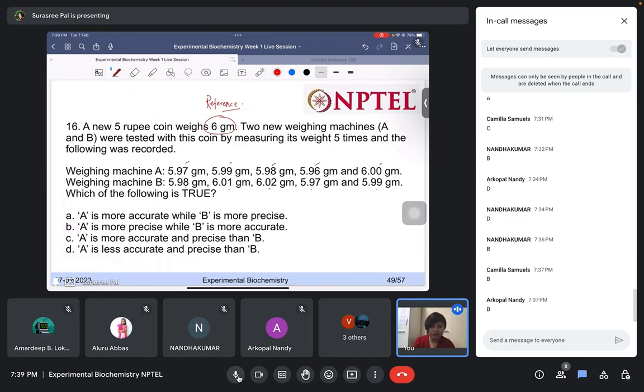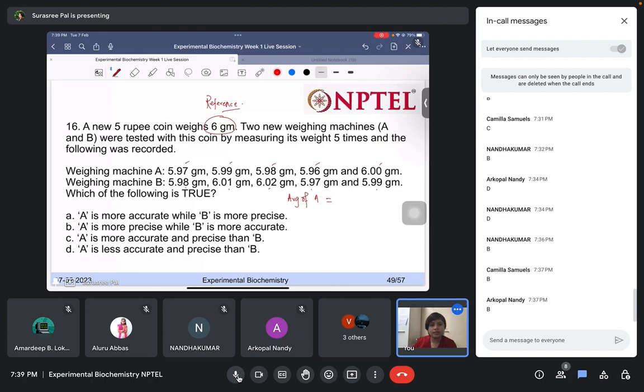Now you have to state which of the observations is more precise and which is more accurate. For that, the first thing you have to do is calculate the average or mean of these observations. First, calculate the mean of the 5 measurements obtained in weighing machine A. Can you tell me what the average will be?